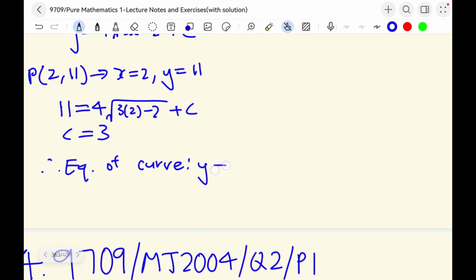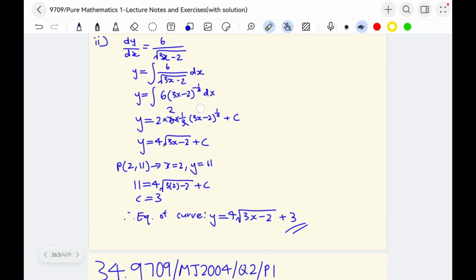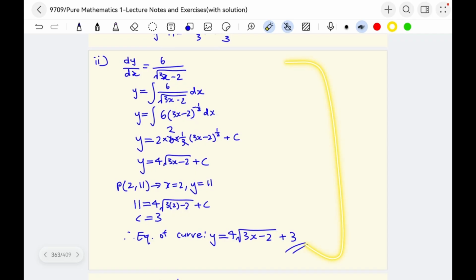So y equals 4 times the square root of 3x minus 2, plus the c you found, which is positive 3. Yeah, that's all. Okay? So, as I said, practice makes perfect. Let's move on to the next past year questions.